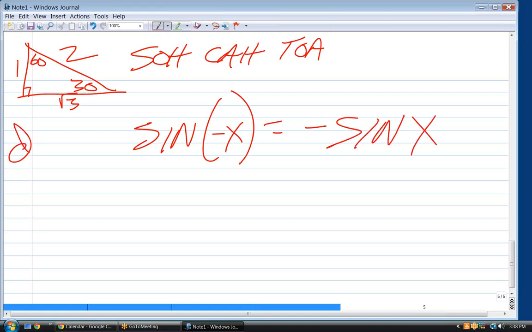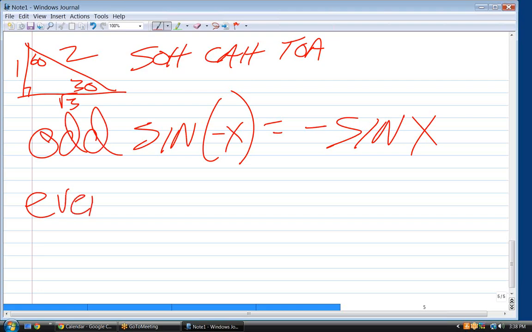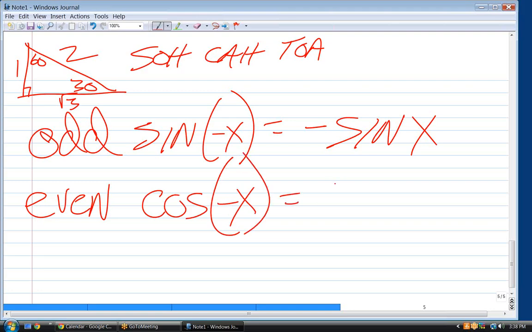And remember that odd functions are functions where if you take the function of negative x, you get negative the function. Even functions mean that if I take the function of a negative x, I get the function of x. Exactly.